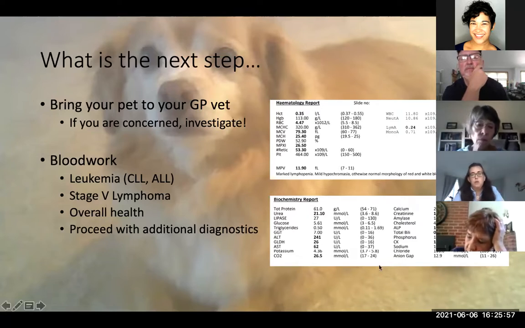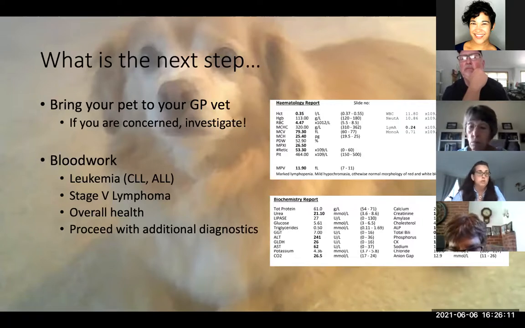Here I have a chemistry from a pet that was diagnosed with lymphoma, and the kidney values were elevated. So we were able to alter the sedation we were going to use for staging. We were also going to alter what drugs we would give to treat the cancer that this pet was diagnosed with.